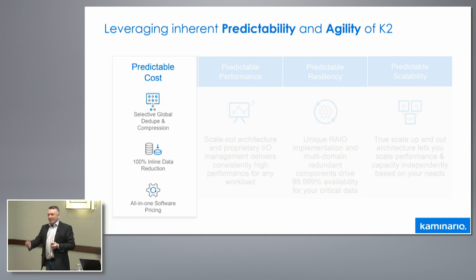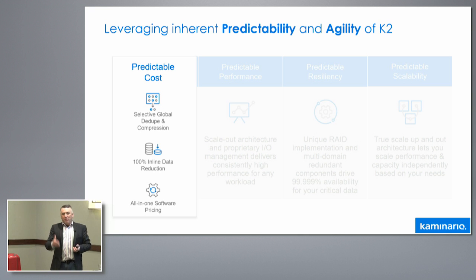Predictable cost. These are the types of things. When we look at the dedupe and compression ratios that we get, we monitor every one of our systems worldwide, and we come back with a very aggressive number and say, we know that we're able to guarantee 3.4 to 1 compression and dedupe ratios.